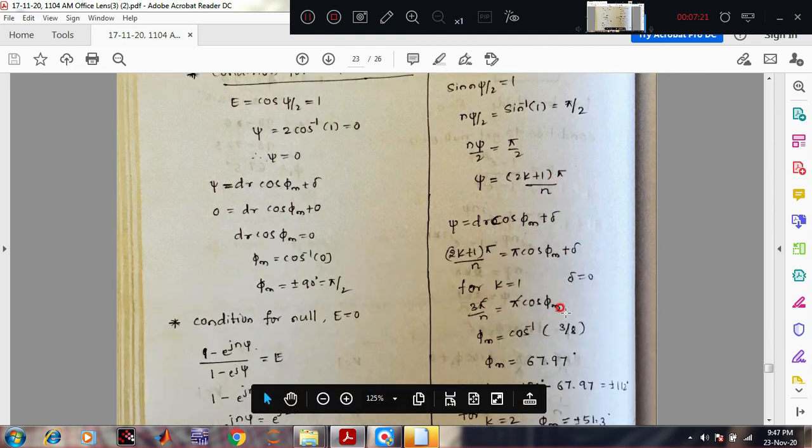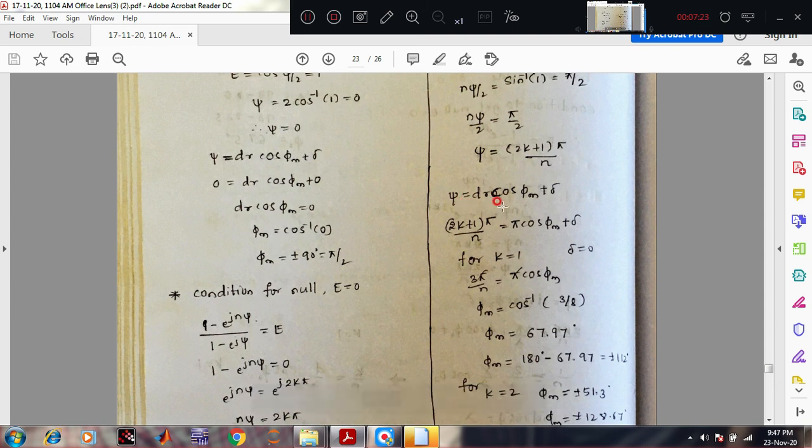Therefore psi is equal to d r cos phi m plus delta, so (2k plus 1) pi by n is equal to pi cos phi m plus delta. For k equal to 1, delta equal to 0, we get 3 pi by n equal to pi cos phi m.